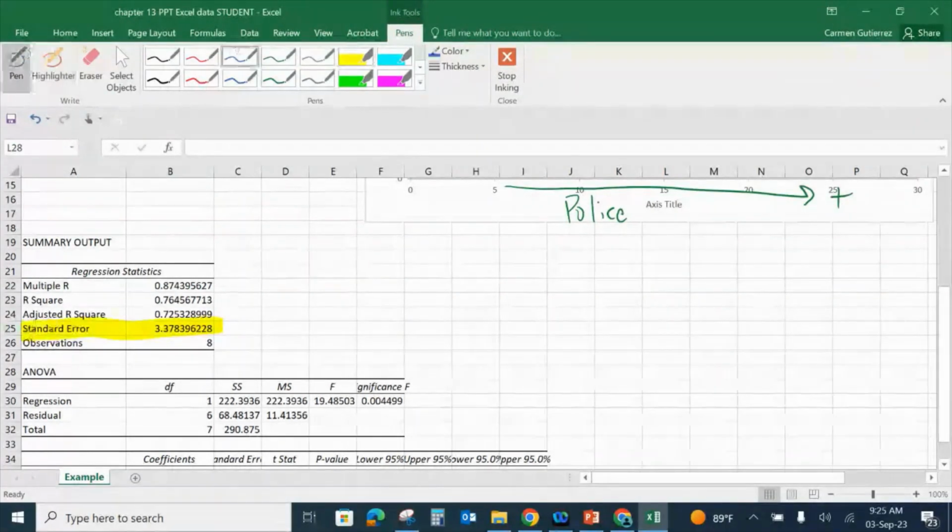The standard error is 3.378. Remember, this is in the same units as your Y variable, which is crime. So what is the estimate of the error?